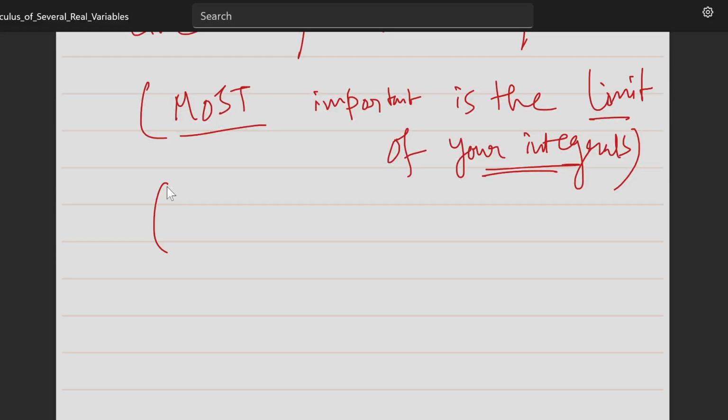It is parameterization. Yes, I was thinking about that. Parameterization is most important in solving integrals very easily.